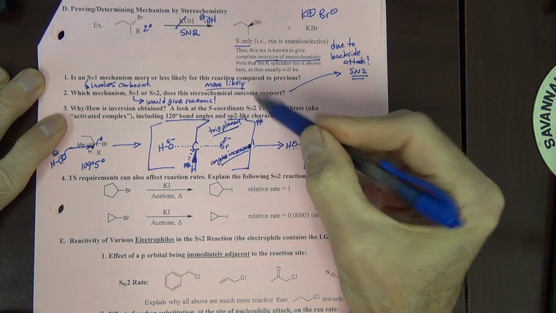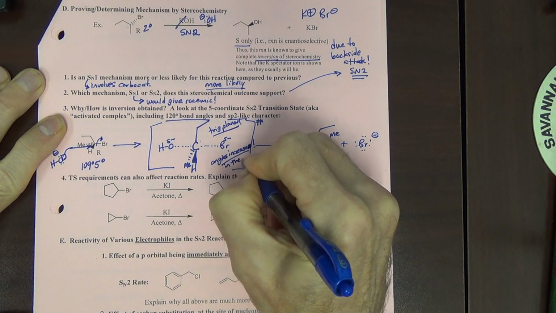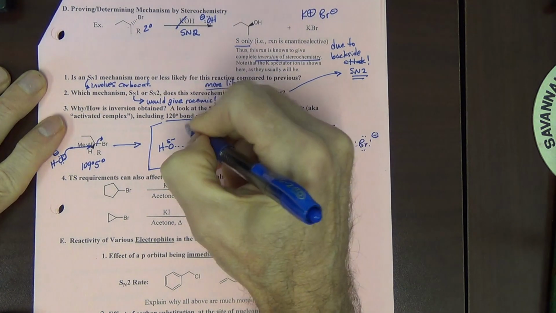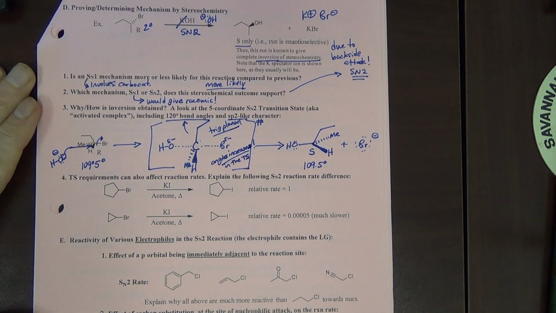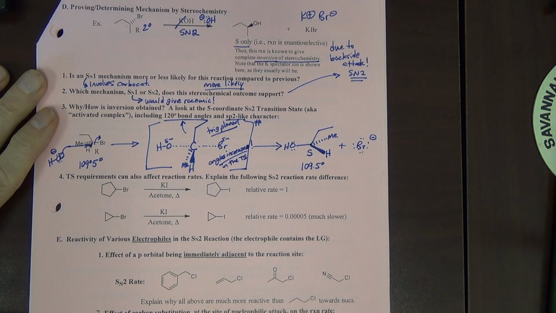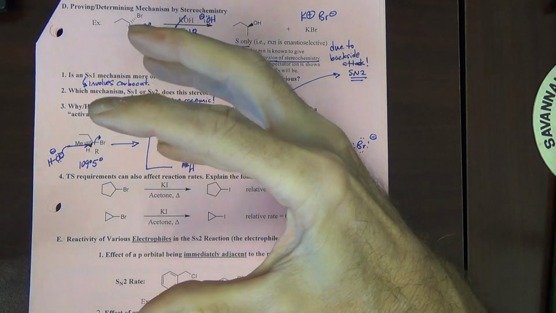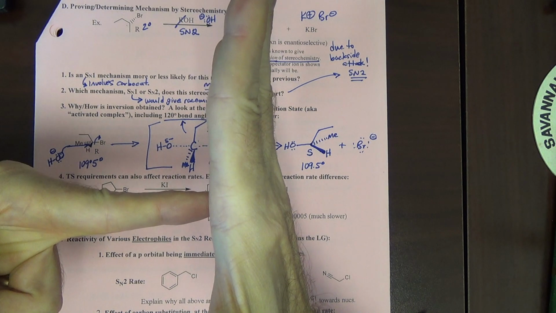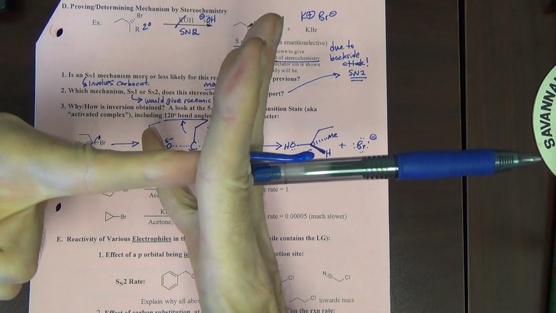The angles around the three groups increase in the transition state. Okay, those groups are kind of like this. Nucleophile comes in, they first straighten up. All right, they straighten up. The leaving group is still semi-attached. Okay.